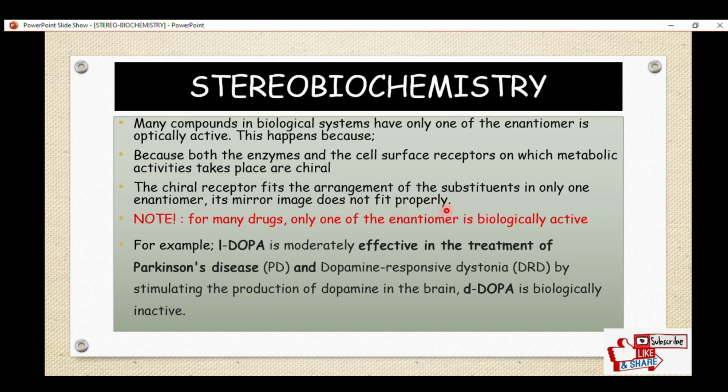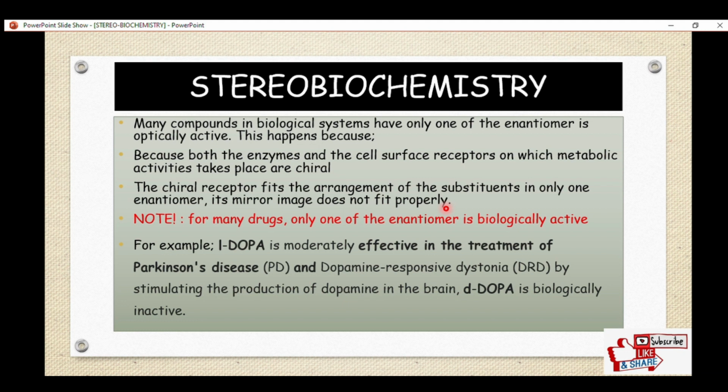Fit properly. So for instance, when we have a specific drug, every drug too is optically active, so it's supposed to have a mirror image. So we have a D and an L. They are enantiomers, so we are going to have a D enantiomer and an L enantiomer, but our body will respond to only one of the enantiomers.